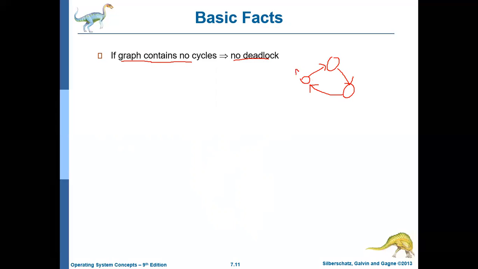Say this node is A, this is B, and this is C. In this case A is pointing to B and B is pointing to C and C is again pointing to A. So that is a cycle.